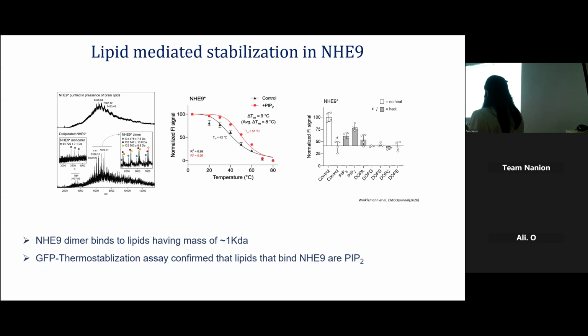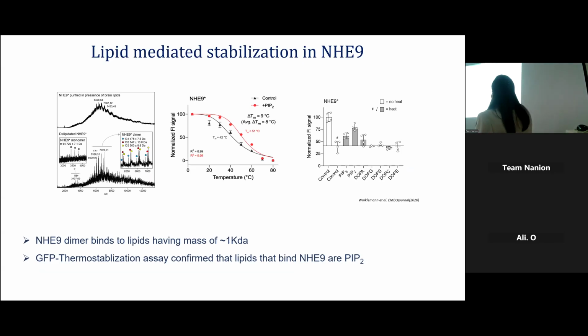So we did this thermostability assay, where we take the purified protein, heat it at different temperatures, and try to measure the fluorescence of the protein. As the temperature increases, you can see how your protein is stabilized when it's in the presence of a lipid.